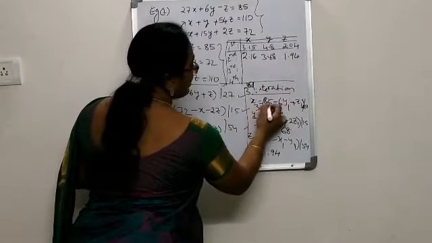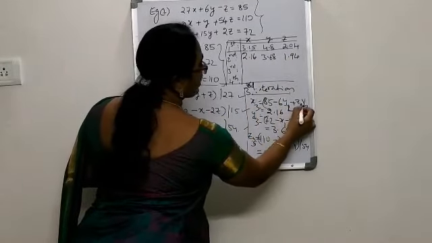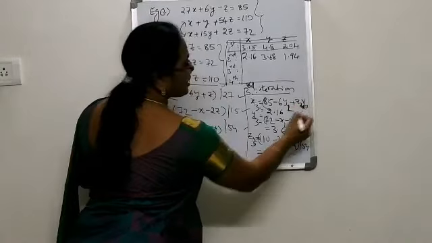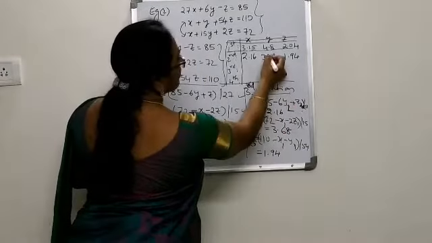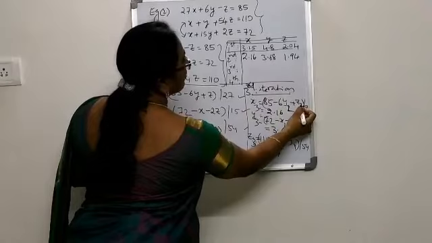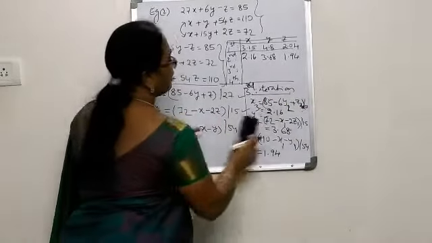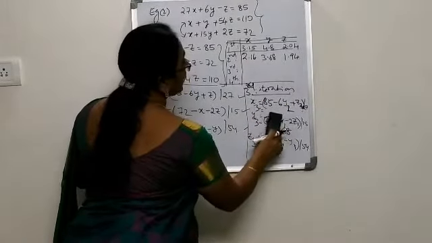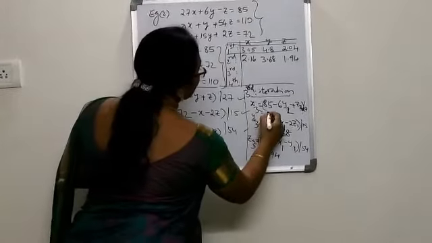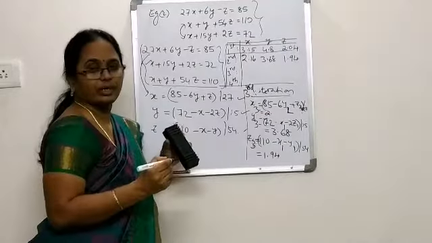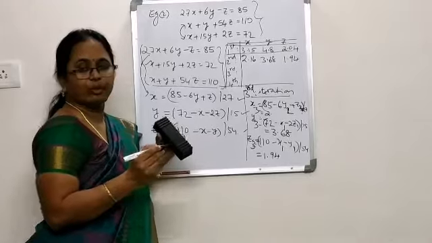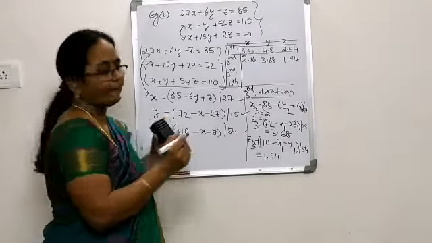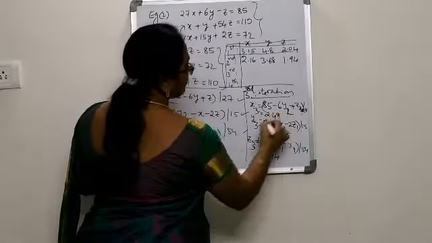So our x3 becomes 85 minus 6y2 minus z2 upon 27, where y2 is 3.68 and z2 is 1.94. It gives us the value 2.49, right?